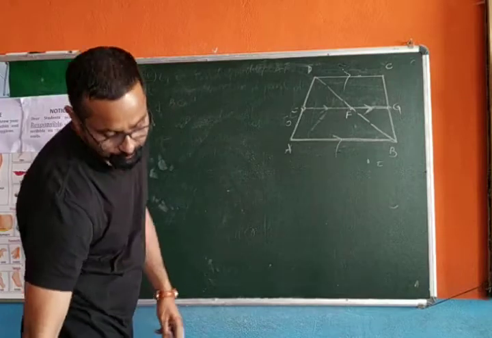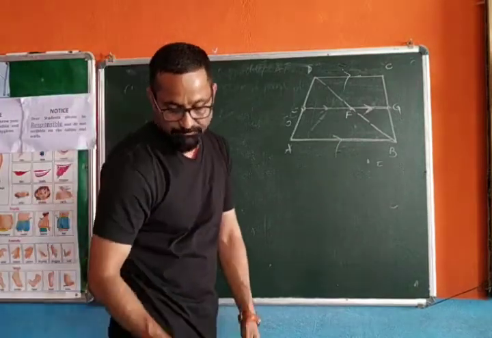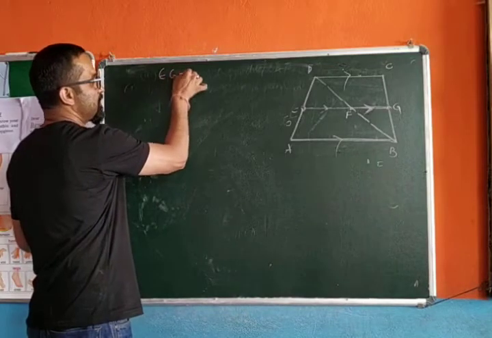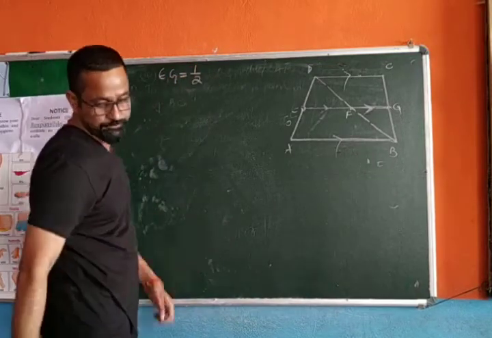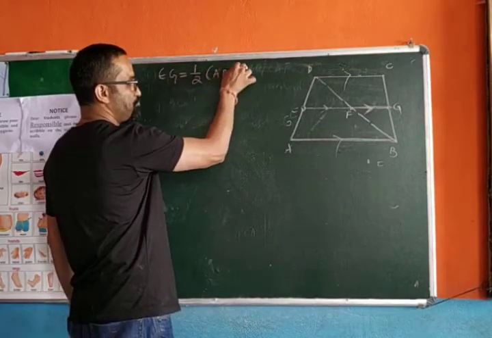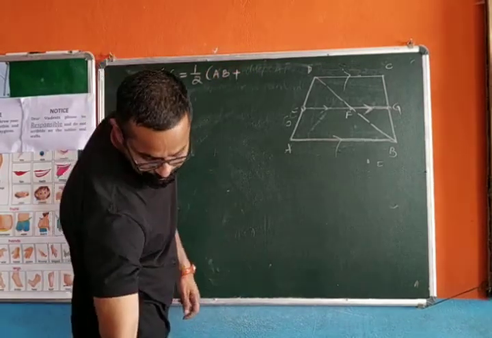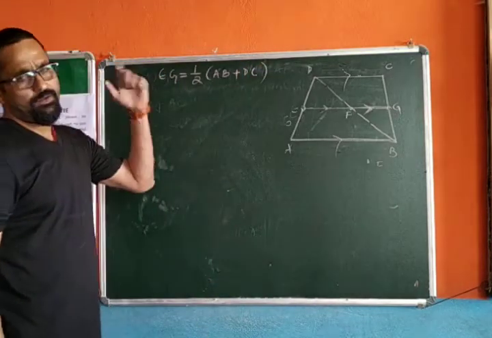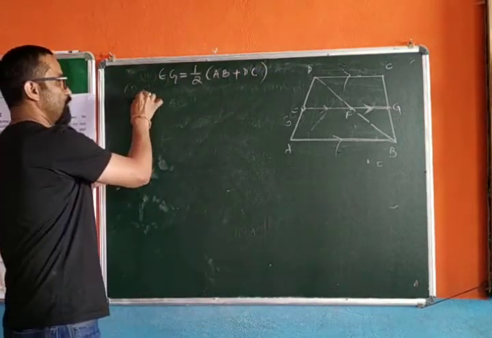Look at this now. The question says find EG is equal to half of AB plus DC. We use triangle first.